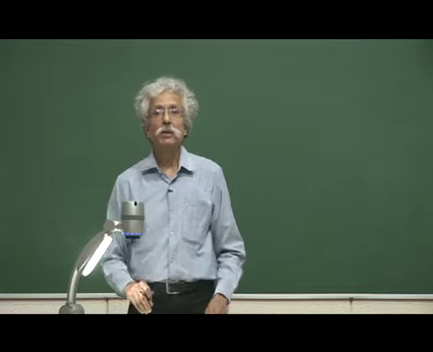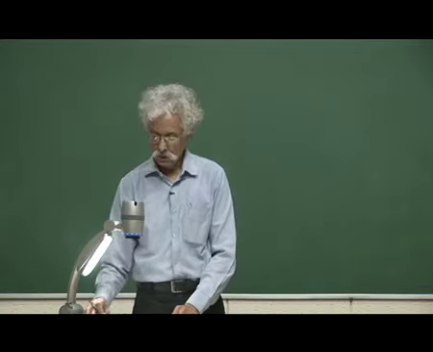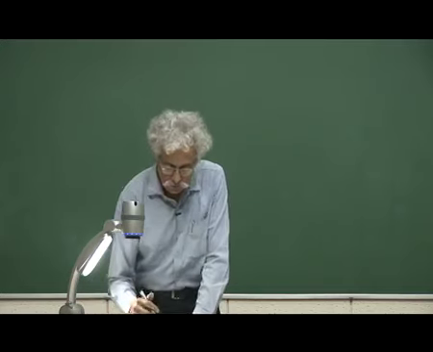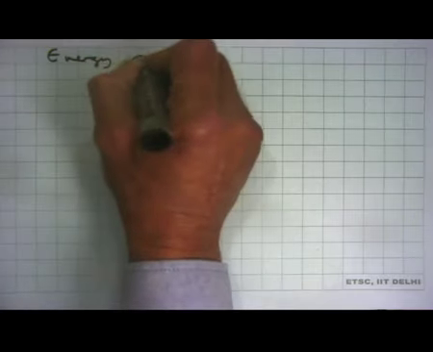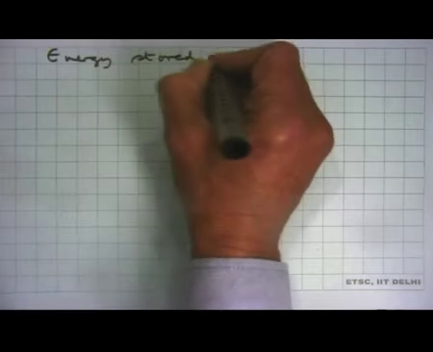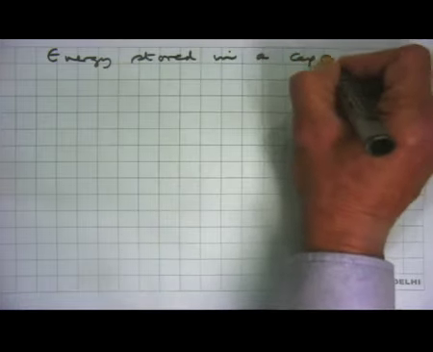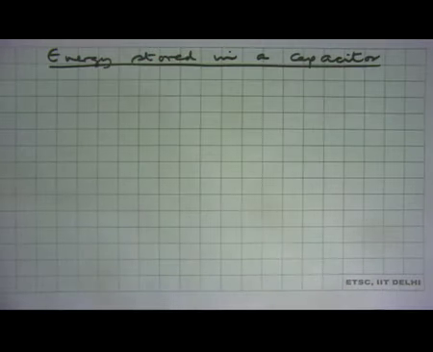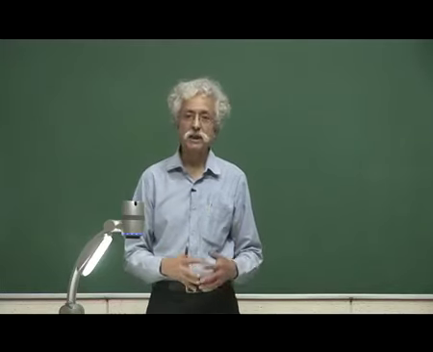The next topic which I would like to discuss is, I will briefly introduce now and then we will continue the discussion in the next class, energy stored in a capacitor. So, as I mentioned to you in the beginning, capacitors are used as devices which store electrostatic energy.